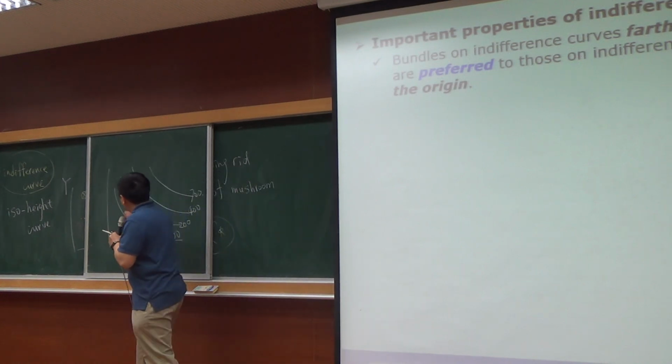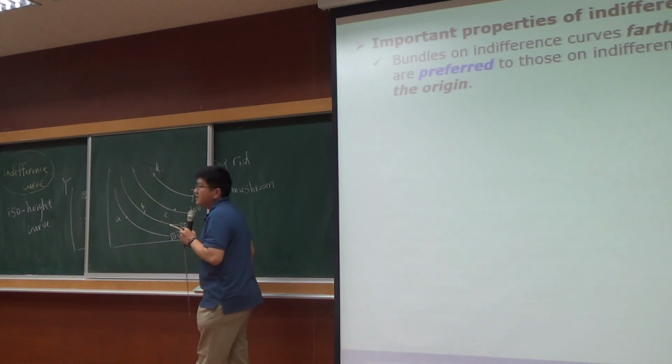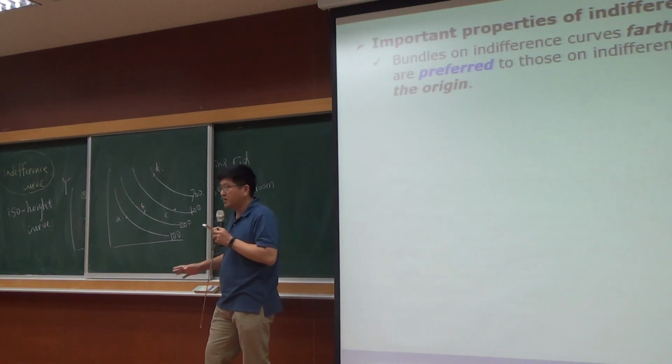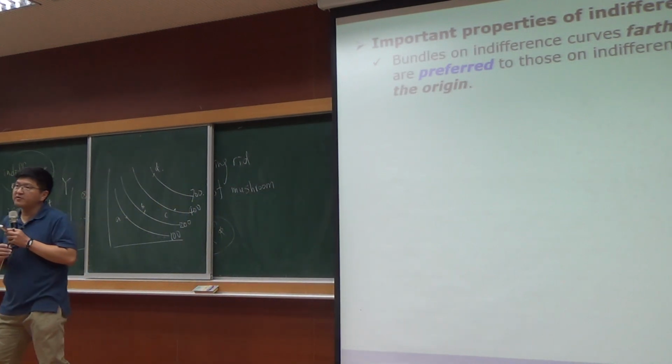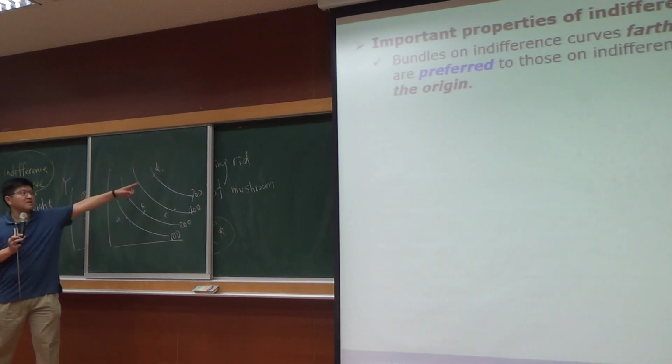So if there is A, B, C, and D, without any constraint, without any limit, I can choose whichever I like. Which one do you think I will choose? Of course D, right?